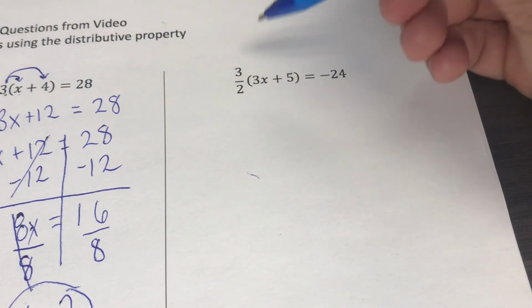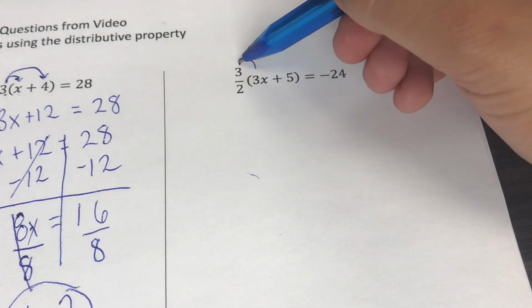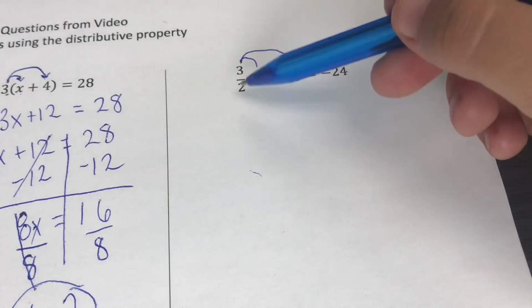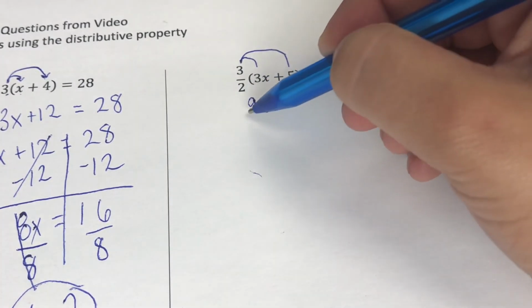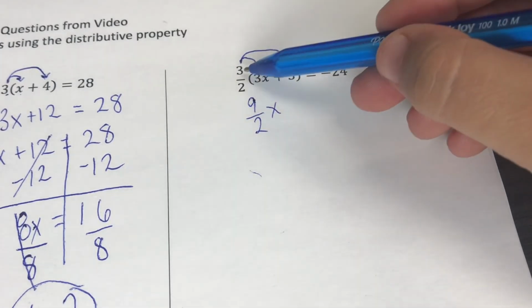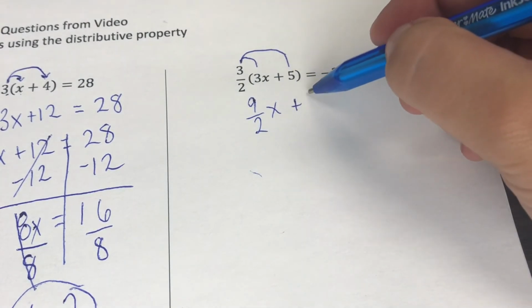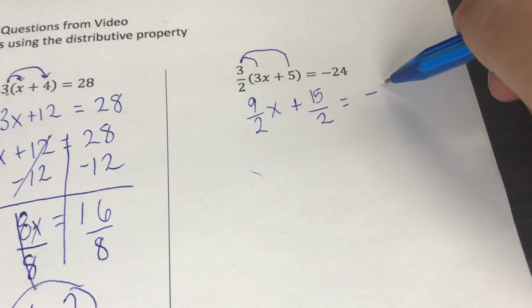So instead, we're going to distribute the 3/2 to both the 3x and to the positive 5. 3/2 times 3x is 9/2 x, and 3/2 times a plus 5 is a plus 15/2 equals negative 24.